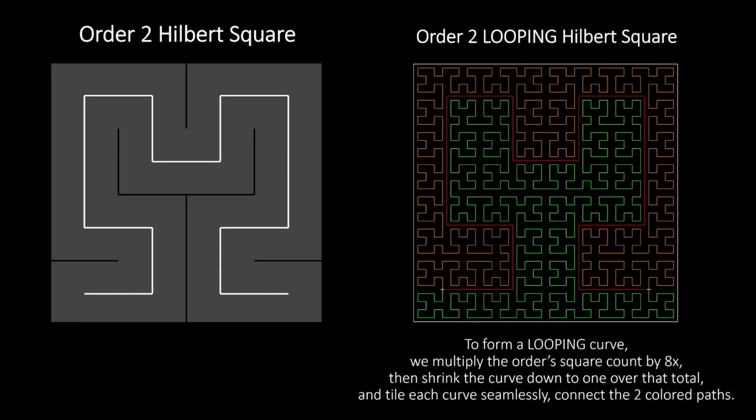Now we can see the minimum expansion of the curve without the grid. To form a looping Hilbert curve, we multiply the order's square count by 8, then shrink the curve down to 1 over that total, and tile each curve seamlessly, connecting the two colored paths.